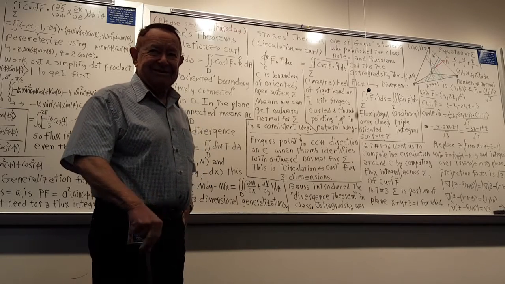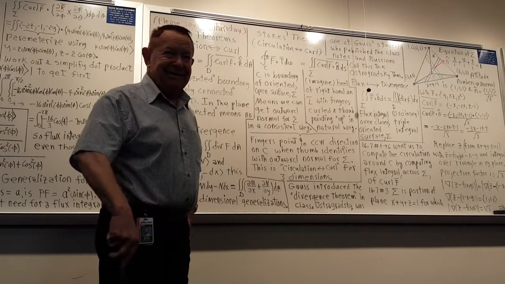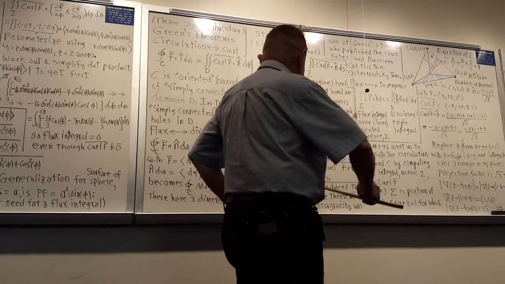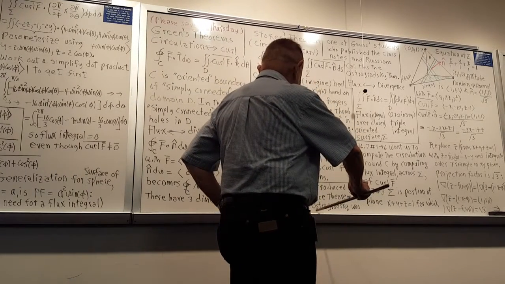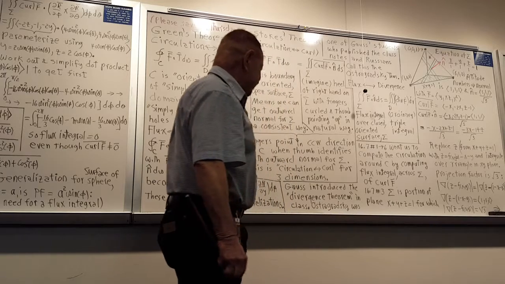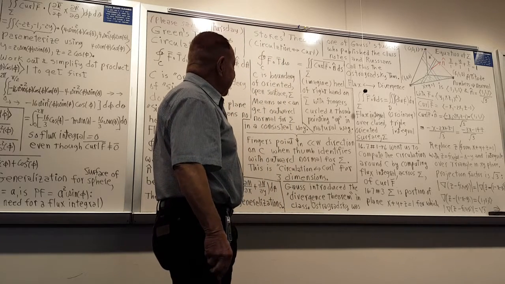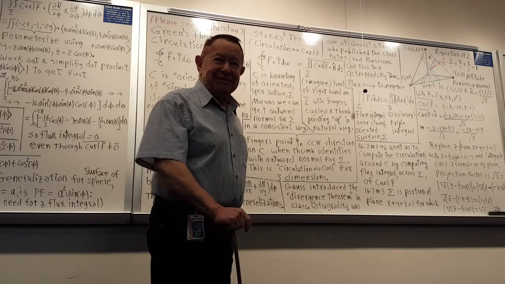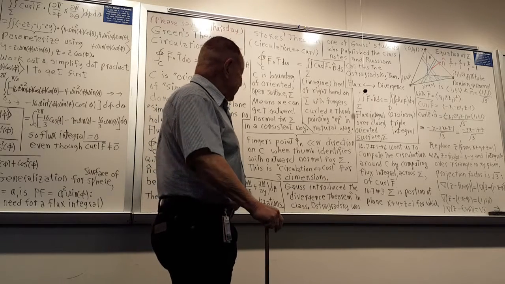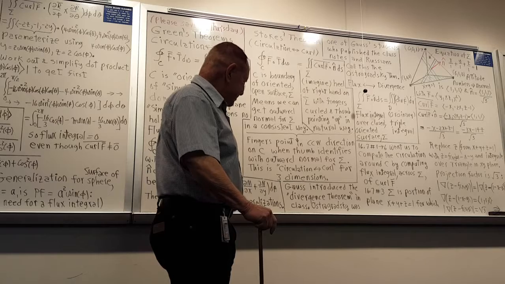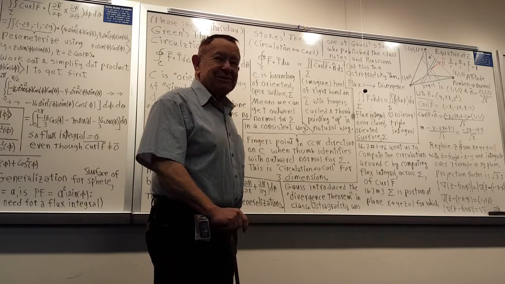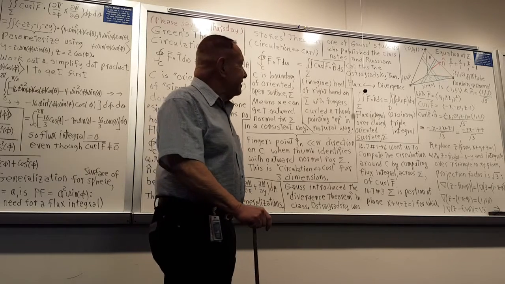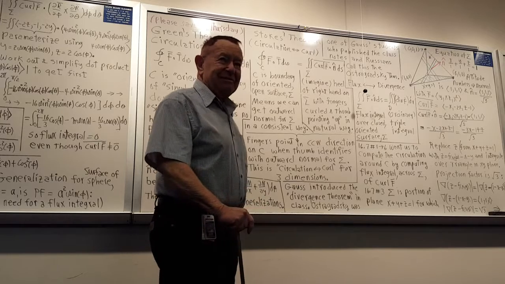And he had a student from Russia named Ostrogradsky, and Ostrogradsky took down the class notes, and Gauss had presented this in class, but he hadn't actually sent it off to a math society type journal.